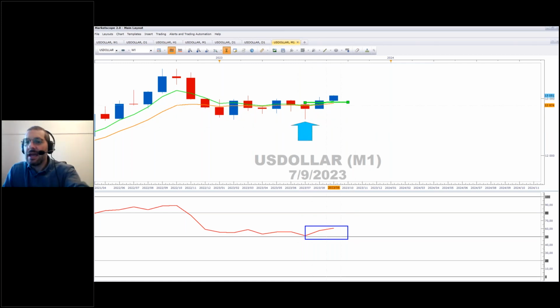Take a look at the exponential moving averages. The exponential moving averages are starting to diverge and starting to move in a northeasterly direction. Take a look at the RSI. It's pulling away from 50 on the positive side of 50. And then what I think is interesting is that the dollar is effectively breaking out.